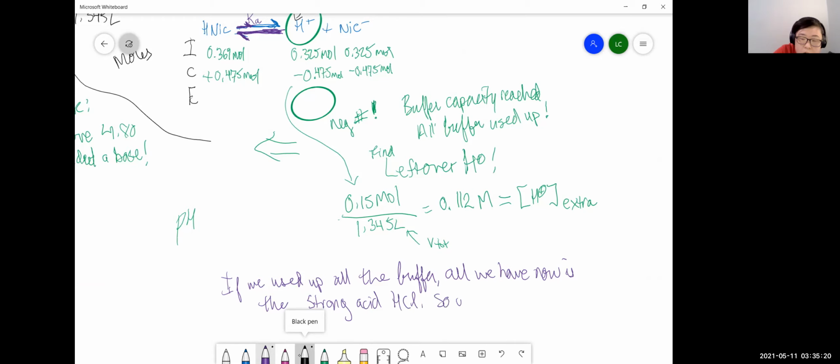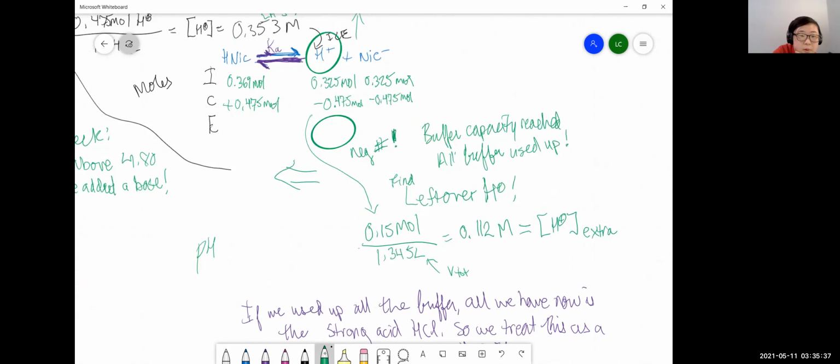So we treat this as a strong acid problem. This ties into titrations because titrations will test the whole buffer capacity over a range, which we'll talk about. That's the next thing I want to talk about.